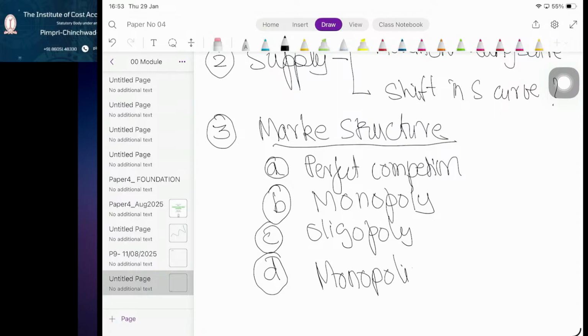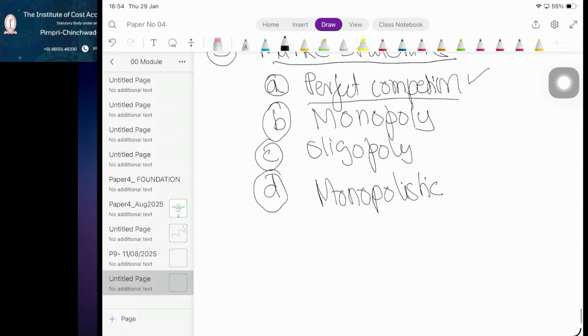I'll come back to this more later. But the simple demand supply equilibrium that we have studied is applicable to perfect competition, when you have a large number of buyers and sellers, homogeneous product, free entry and free exit, and perfect information.